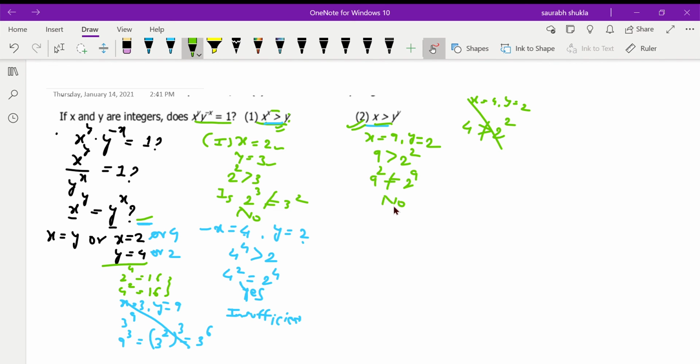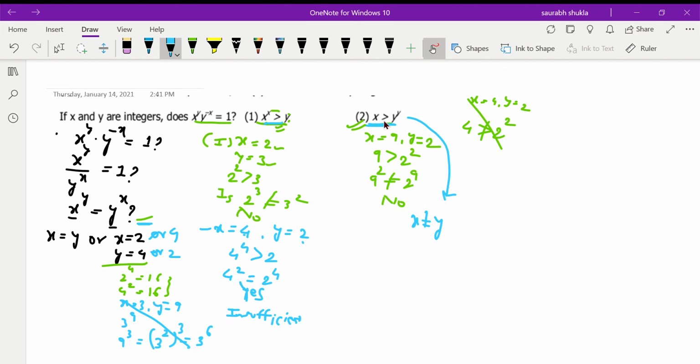Okay. Now, can you try to plug in some more values and try to get a contradictory answer? Can you try to get a yes? If you see here, plugging in equal values for x and y, can you plug in x and y as equal using this information? No, you cannot, right?